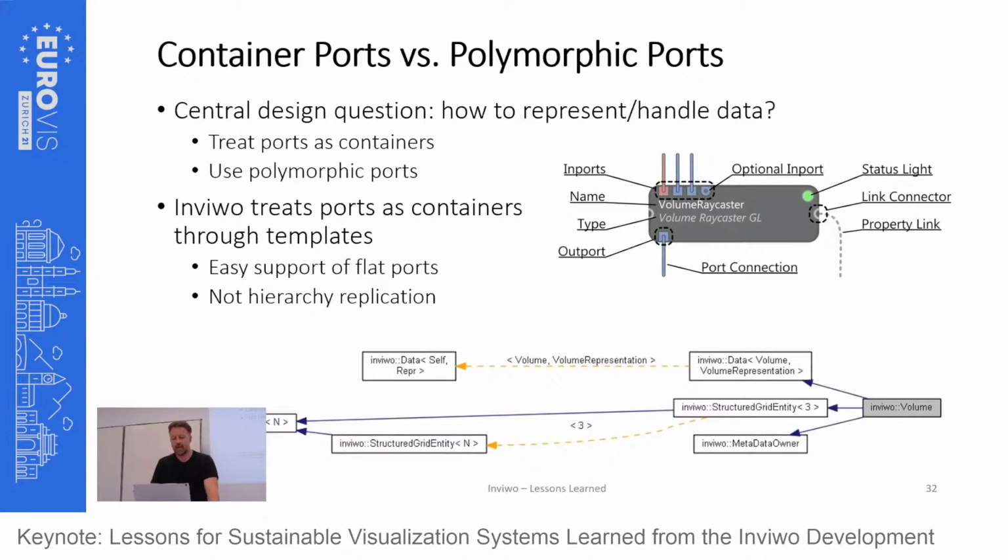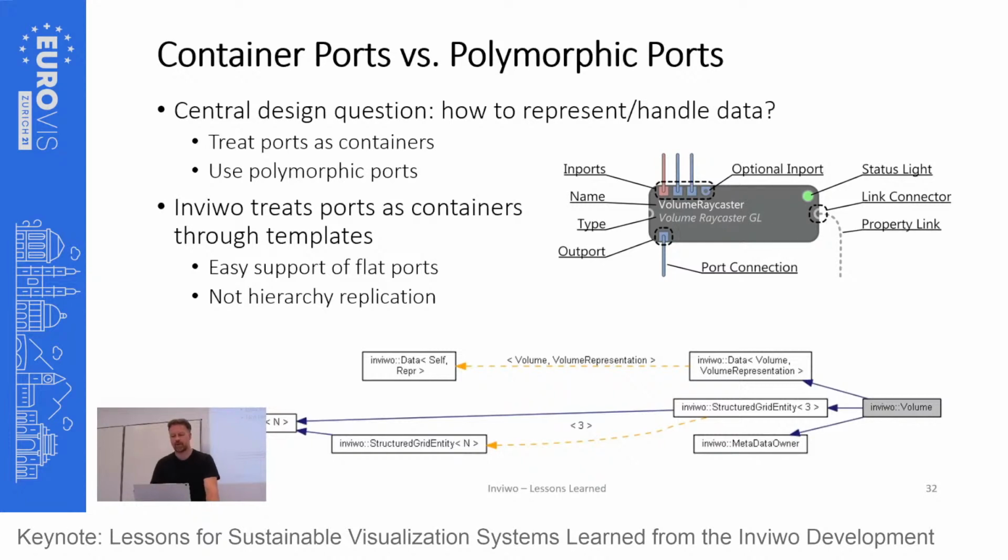In the other case, you would have a port hierarchy, which is actually a reflection of your data structure hierarchy. So you would have two hierarchies which need to be in sync. We have decided against this polymorphic ports because of two things mainly. One is it's easy to support flat ports.